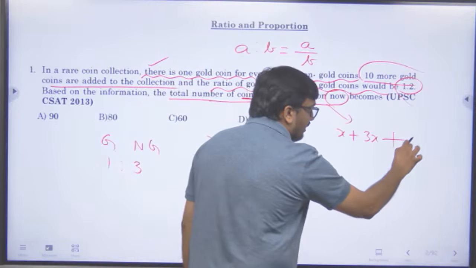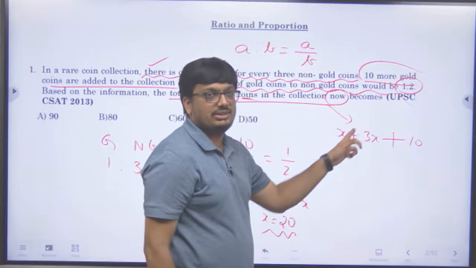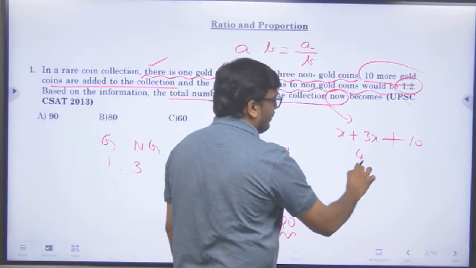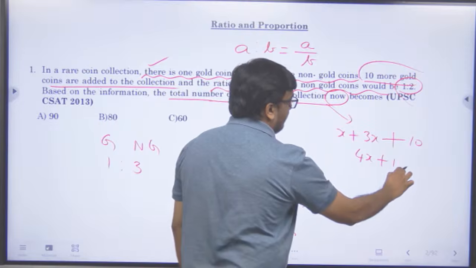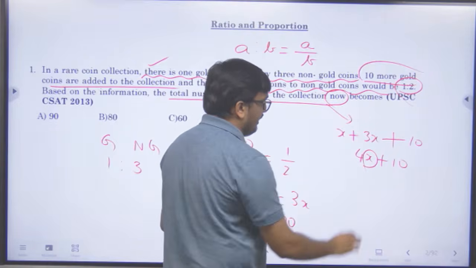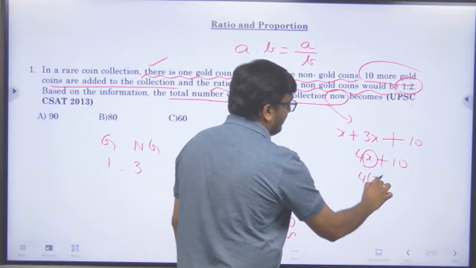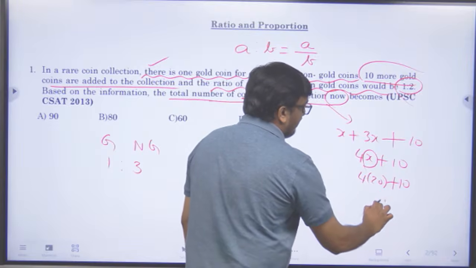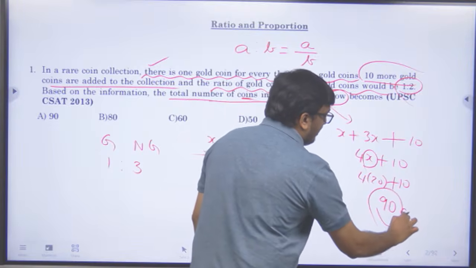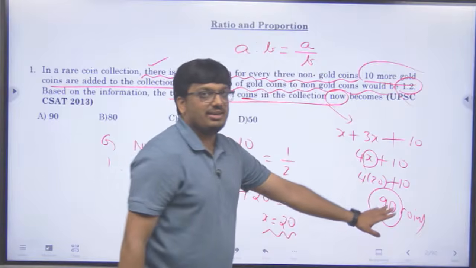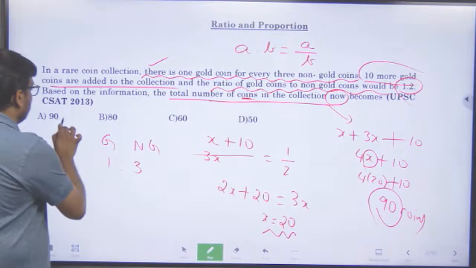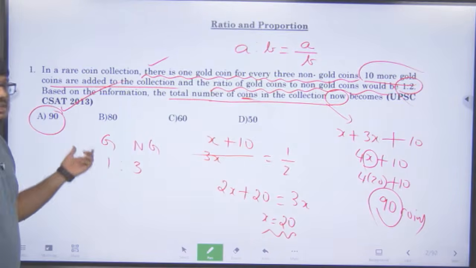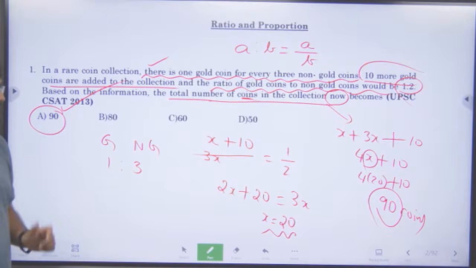Therefore, you should add 10: 4X plus 10. X means 20, 4 into 20 is 80. 80 plus 10, 90. How many coins are in the collection? 90 coins are in the collection.